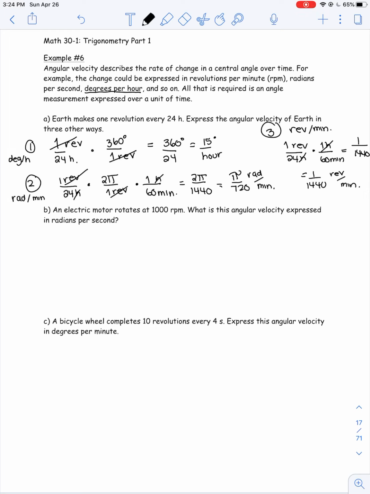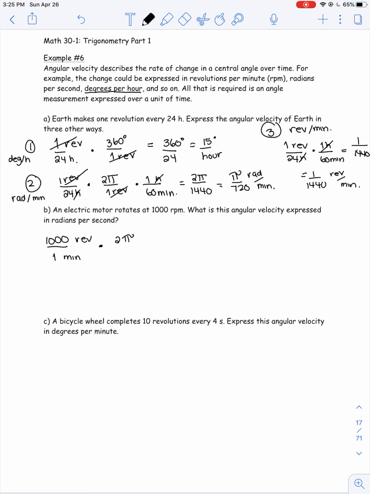Question B. An electric motor rotates at 1,000 revolutions per minute. So we have 1,000 revs per 1 minute. What is the angular velocity expressed in radians per second? So we need to convert to radians and then per second.